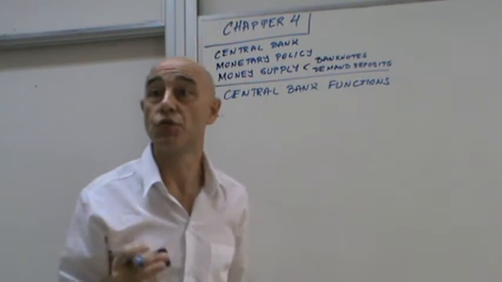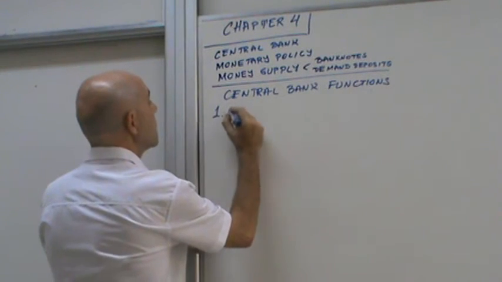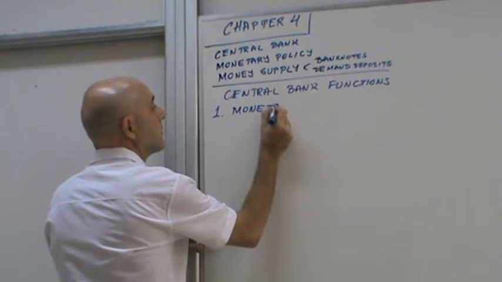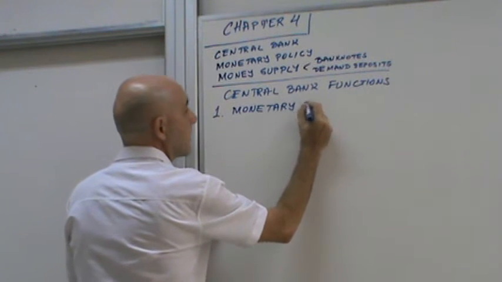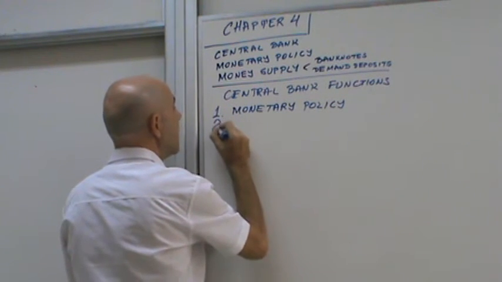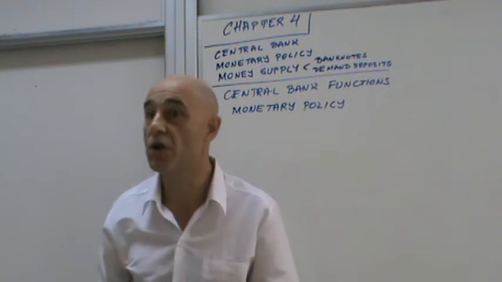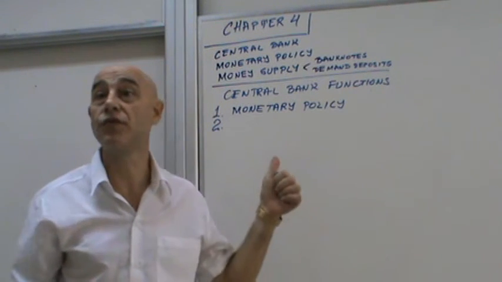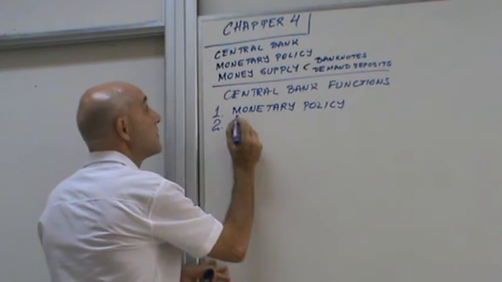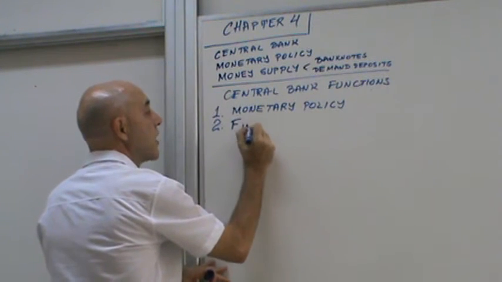I only repeat. Monetary policy. This is the primary function. All others follow from this one. The second one is part of the definition, financial regulation.